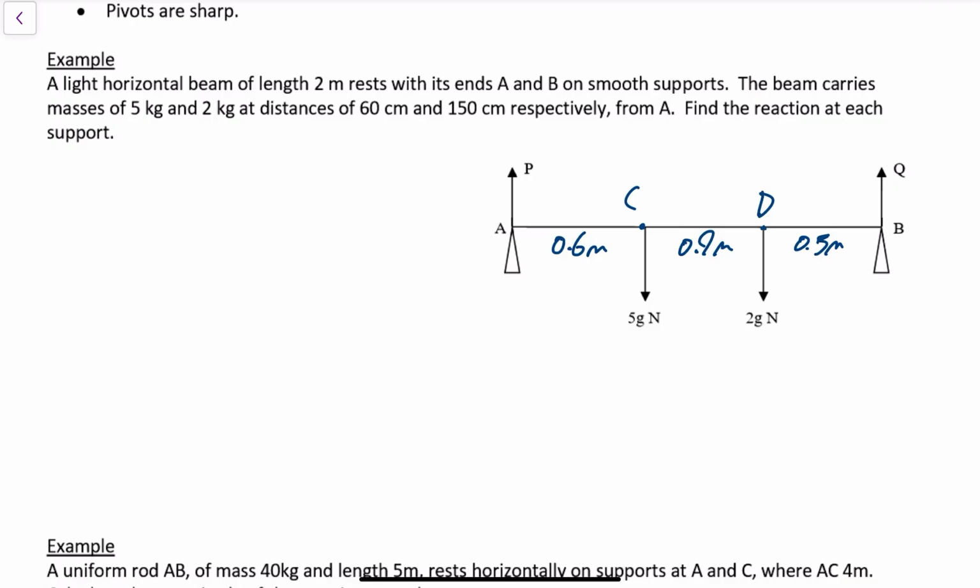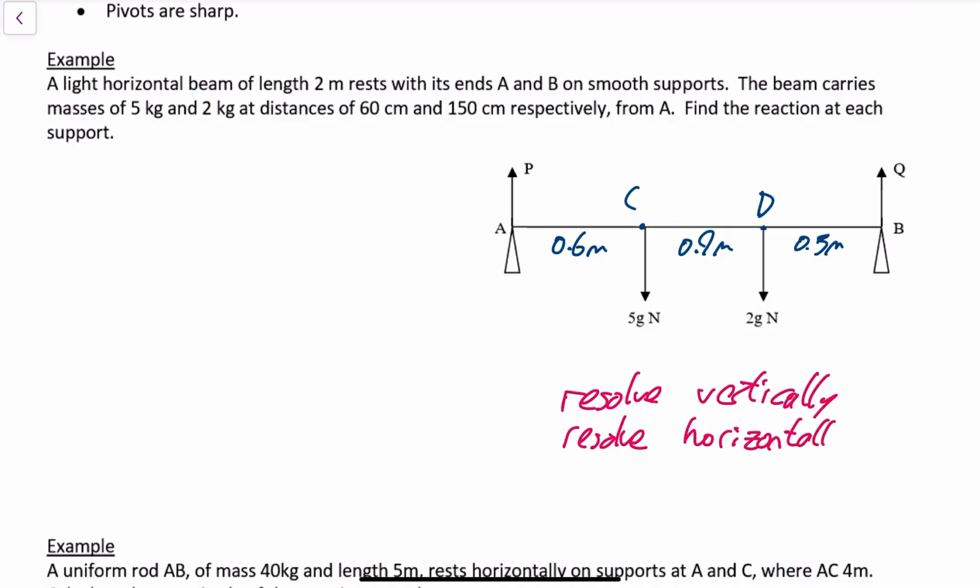Okay, the big thing about moments is that there's only 3 things you can do. You can resolve vertically, resolve horizontally, and you can then take moments about a point.